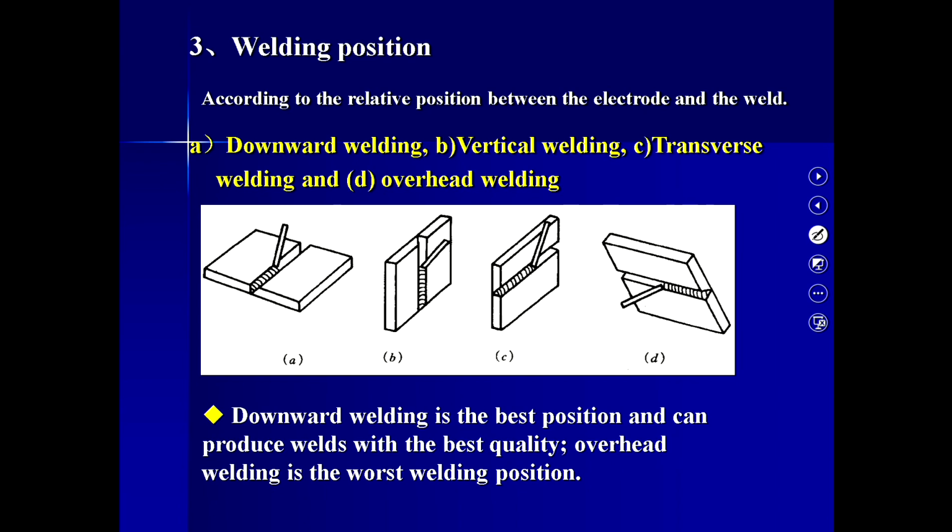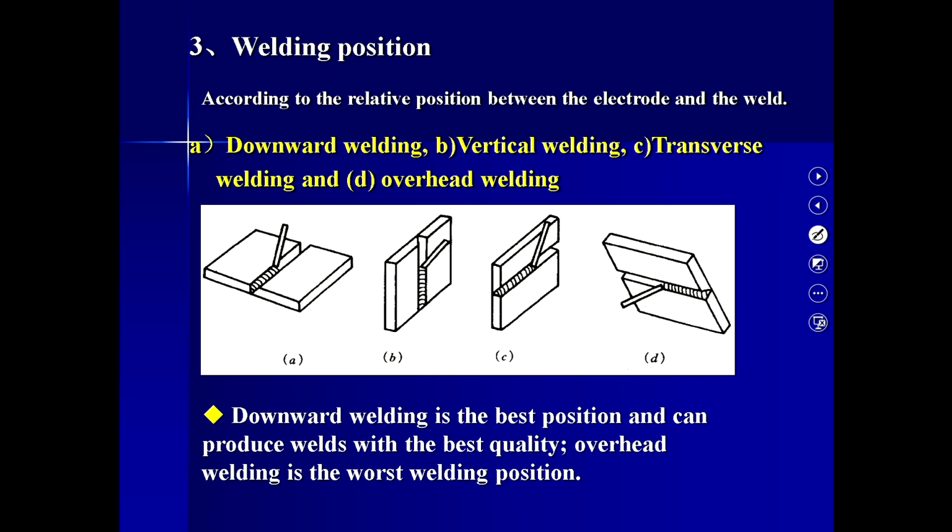According to the relative position between the electrode and the weld, it can be divided into downward welding, vertical welding, transverse welding, and overhead welding. The downward welding is the best position that can produce welds with the best quality. Overhead welding is the worst welding position.